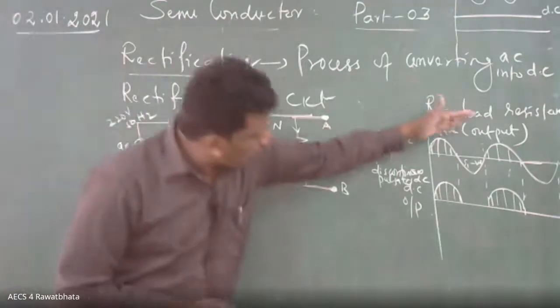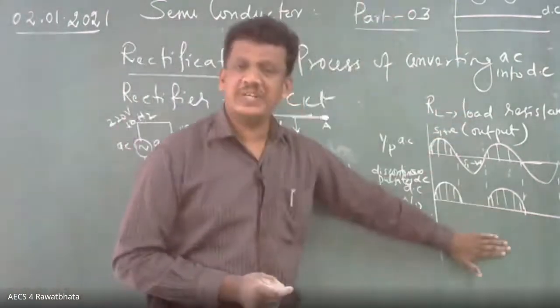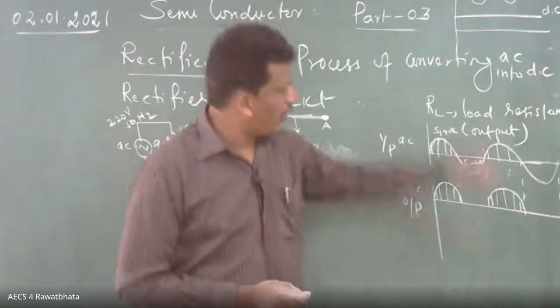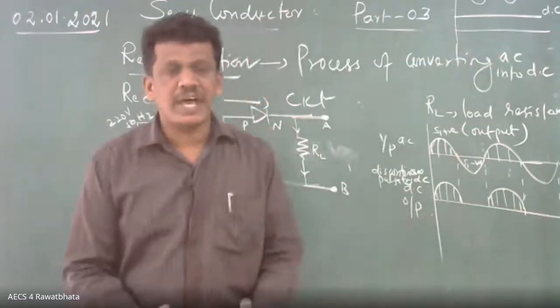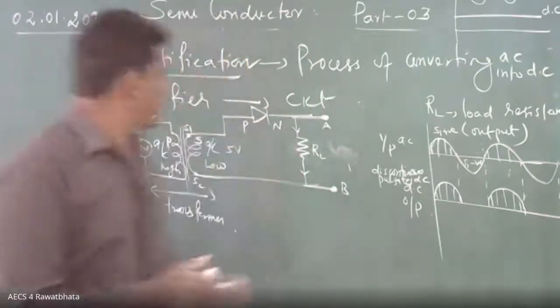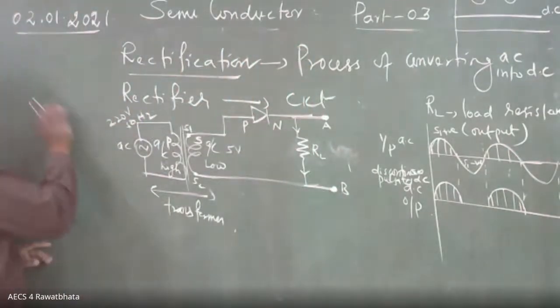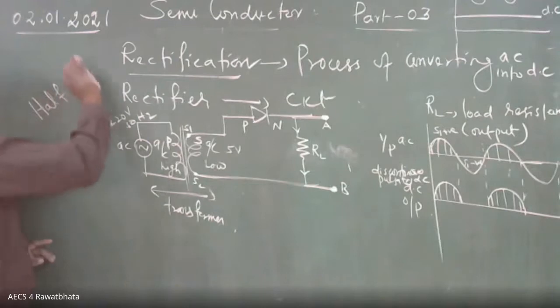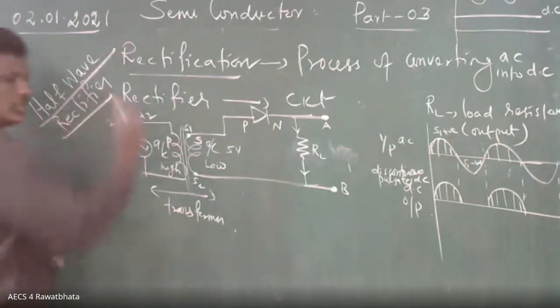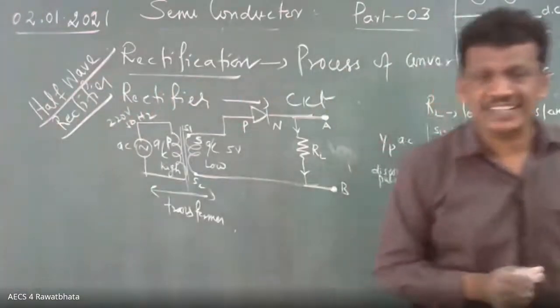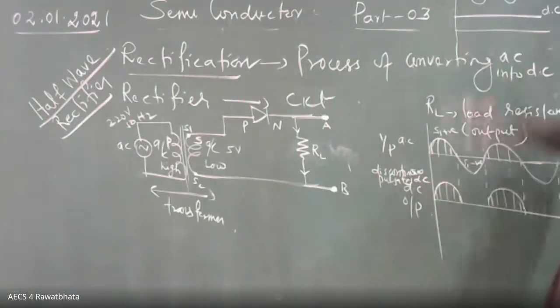So only half of the AC is converted into DC. That's why this rectifier is called a half-wave rectifier. Only half of the AC is converted into DC.